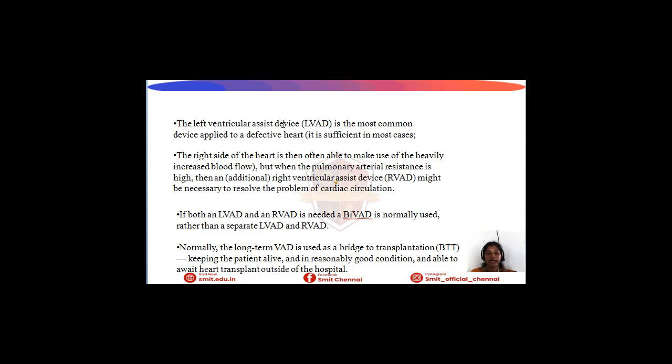The right side of the heart is often able to handle the heavy blood flow, but the pulmonary arterial resistance is high, so RVAD might be easier to resolve the problem. If both LVAD and RVAD are needed, BiVAD is normally used.